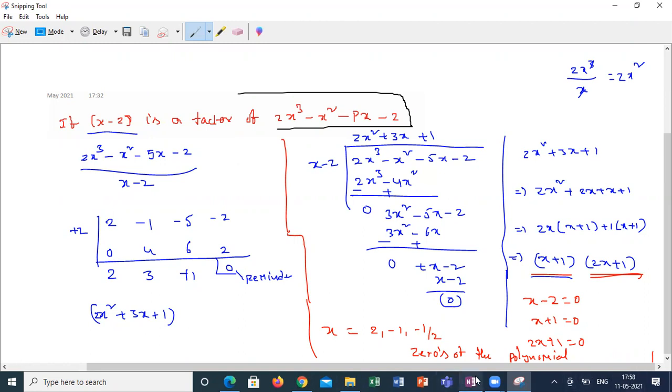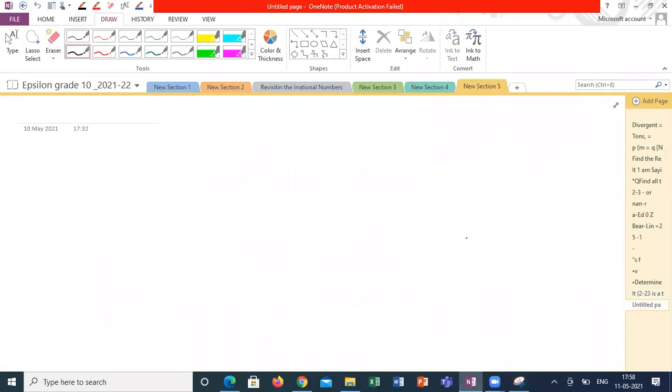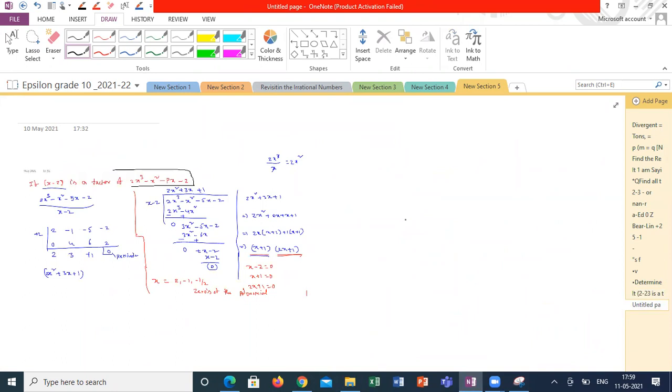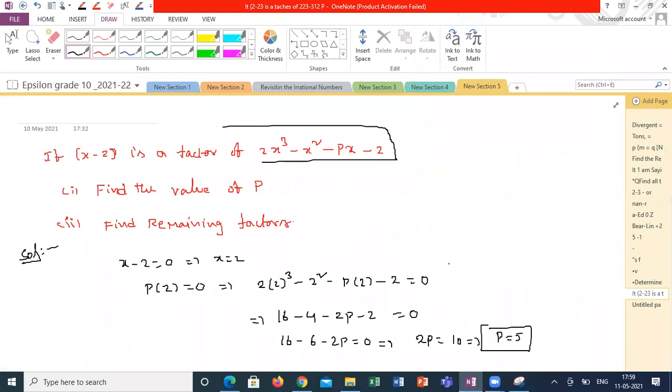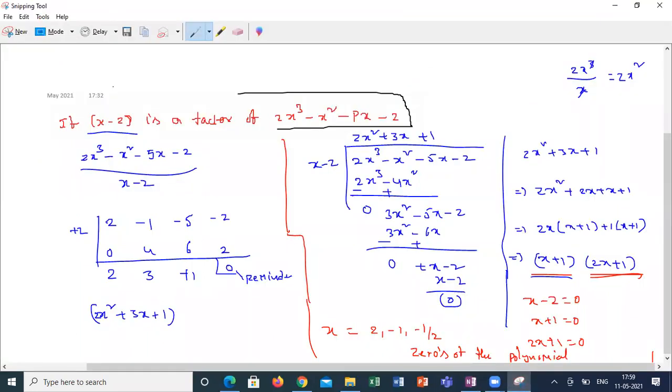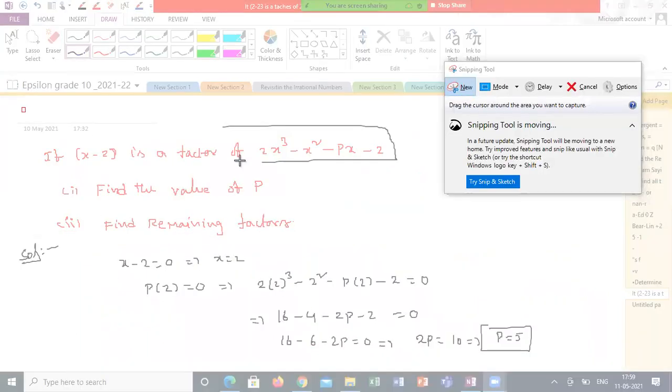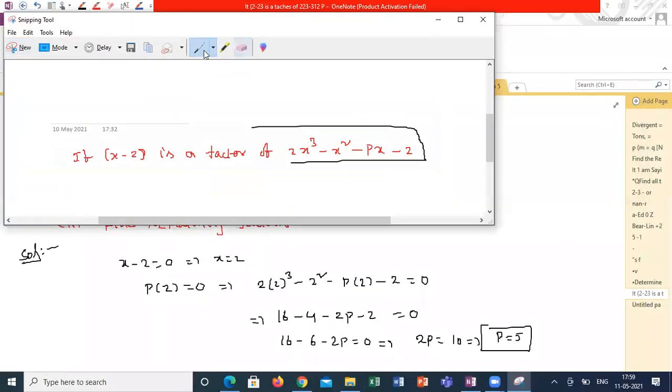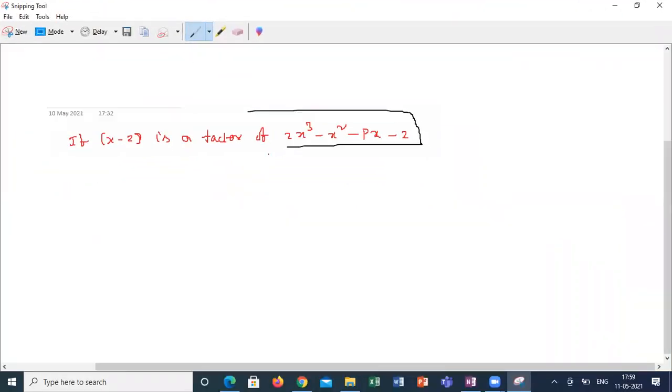See, synthetic division method, first we have to understand this method. We can apply it to any polynomial, might be if the index is 2, 3, 4, 5, 6, 7, 8, 9. But the divisor must be only a linear polynomial.